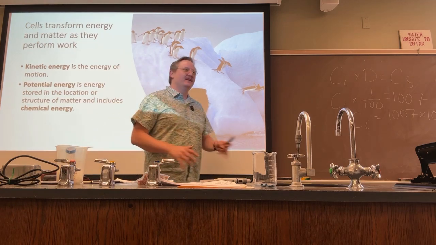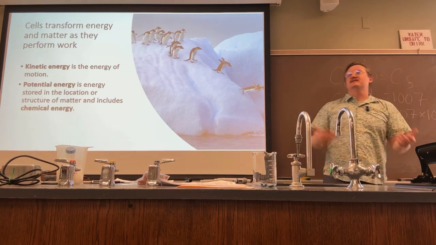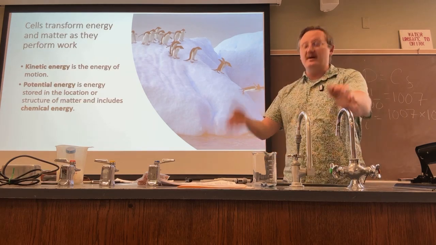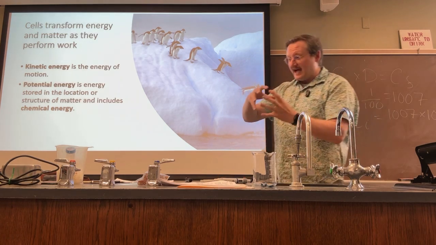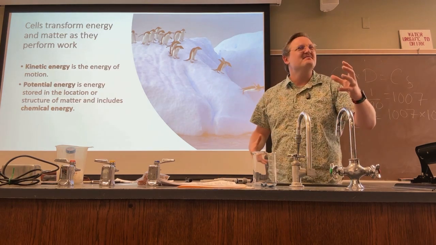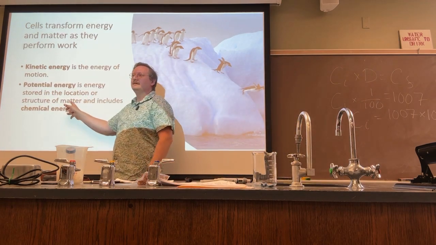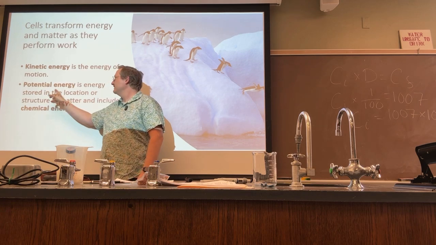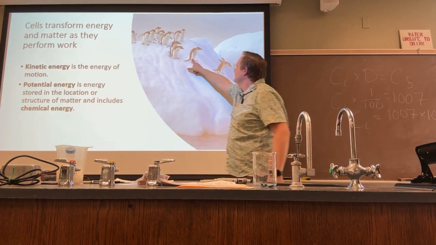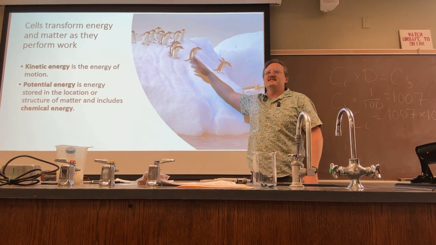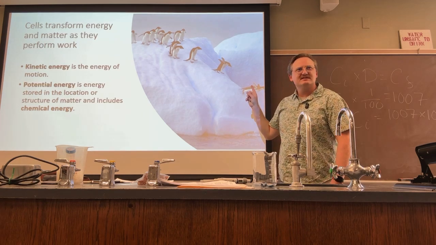What does that mean? Well, the high energy organic molecules that we're breaking down in both combustion and respiration, all right? Those have positions within them, right? They have structure. So the structure of matter is potential energy. In the same way that this penguin has a bunch of potential energy because of its position, it can fall down and harvest that as kinetic energy of motion, all right?